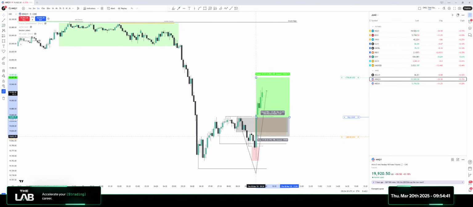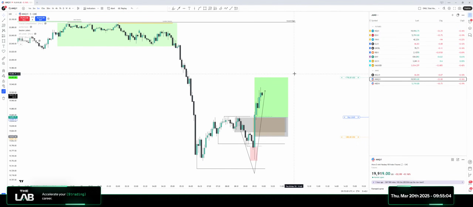So it made sense to move my stop under the fair value gap, just in case we get a deeper retrace into the fair value gap and for some reason go below the breaker. Even though I think the breaker, or at least if we got a tap, would be the one that drives price higher.